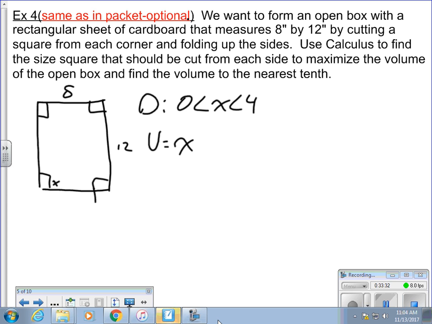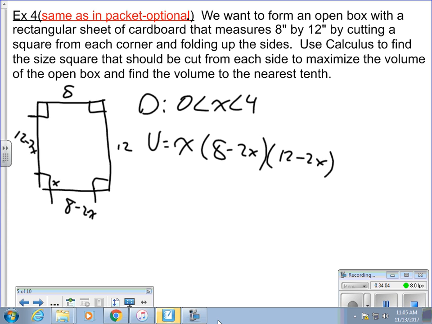And then my width is going to be the distance between my two cuts, which would be 8 minus 2x. And my length would be the distance between those two cuts, which would be 12 minus 2x. And that's my volume.